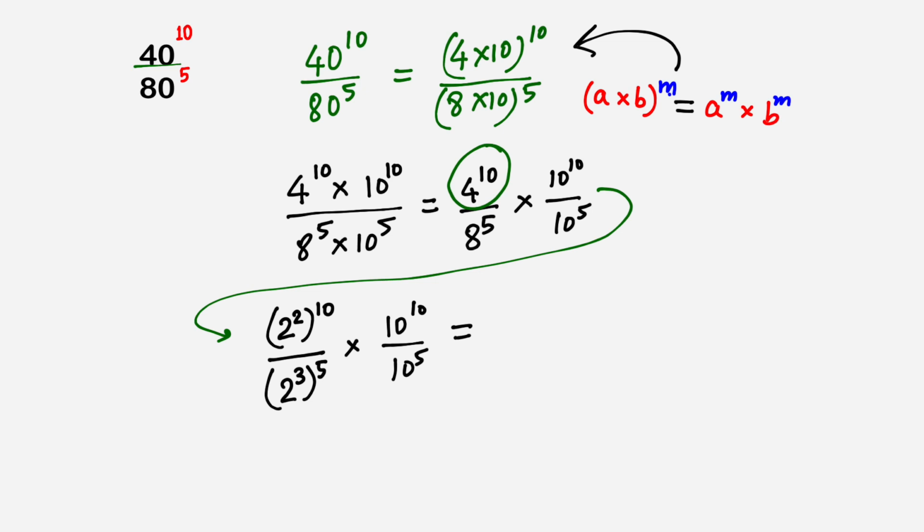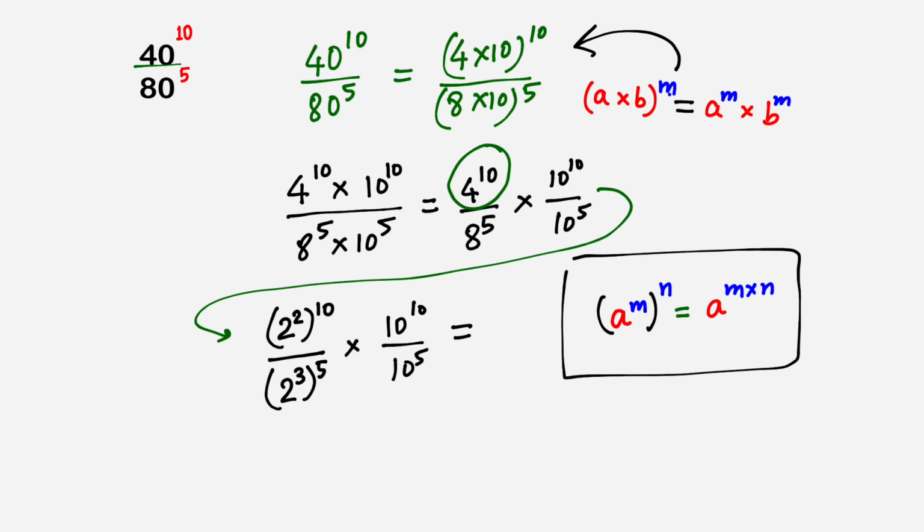We will use another formula. If a raised to the power m and the whole expression is raised to the power n, then we can write a raised to the power m multiplied by n. So if there are powers separated by a bracket, we actually multiply the powers or the exponents.